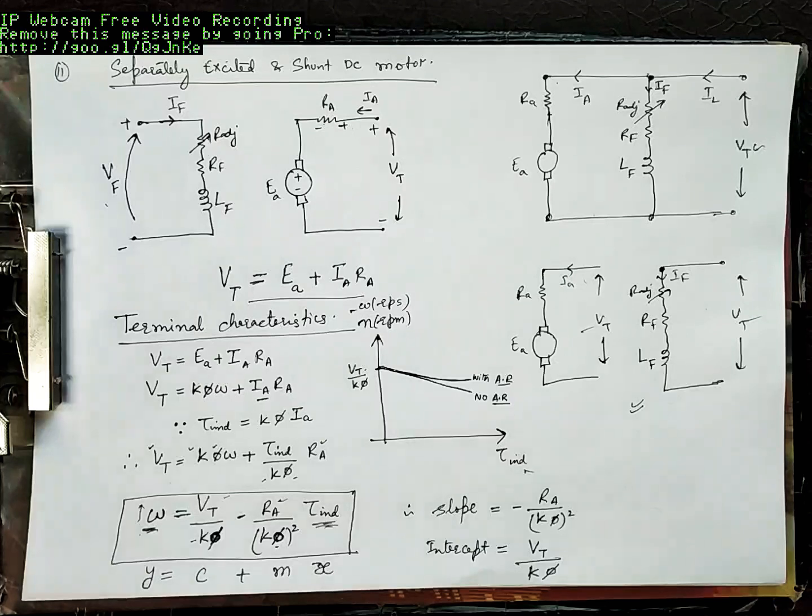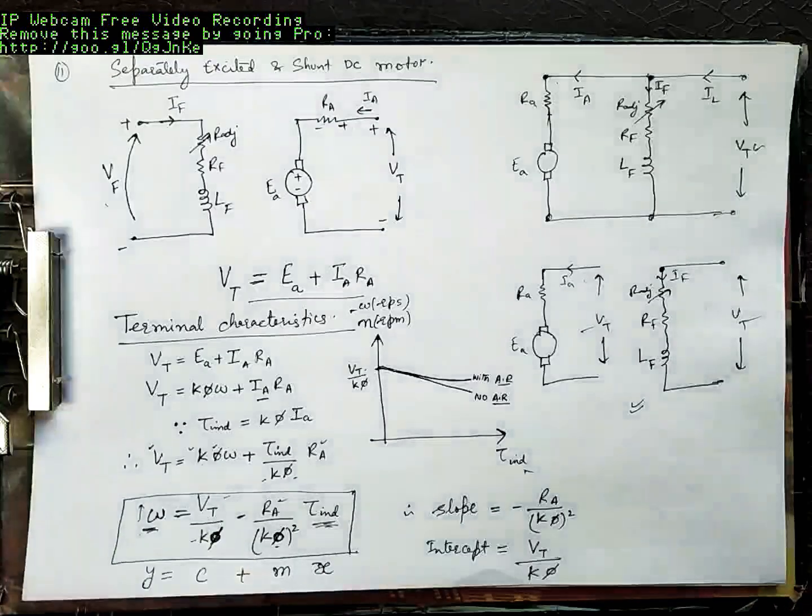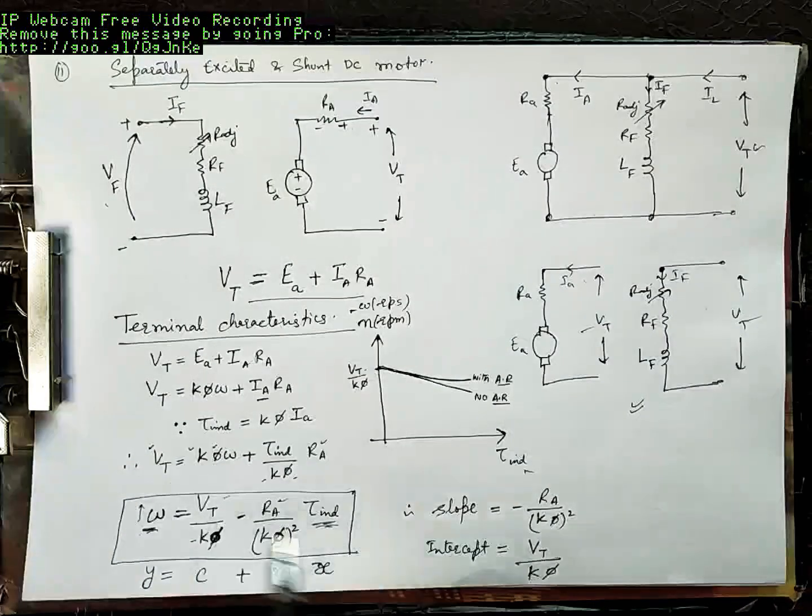But because of armature reaction, there will be a non-linearity induced here. This intercept will not remain constant. As load on the machine increases, armature reaction increases. When armature reaction increases, flux decreases. When flux decreases, this intercept increases.